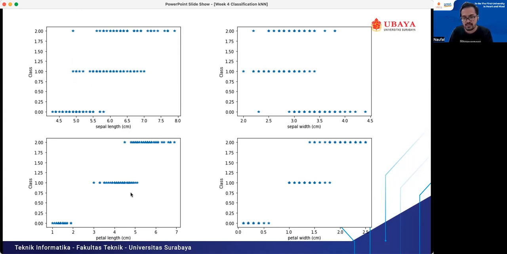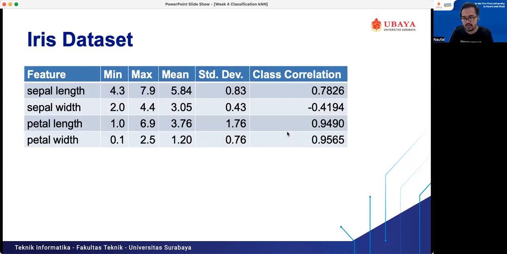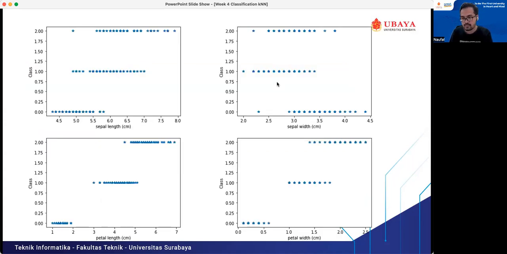So the high correlation can be depicted with petal length and petal width. And what about the sepal width? Sepal width has a negative correlation with the class, as you can see here. So we can say that petal length and petal width are better for classifying the iris dataset.